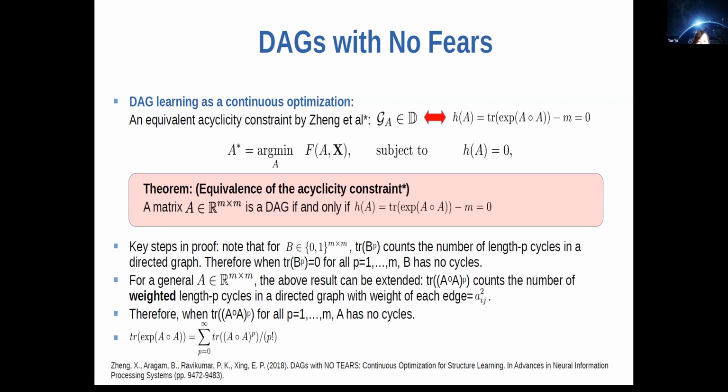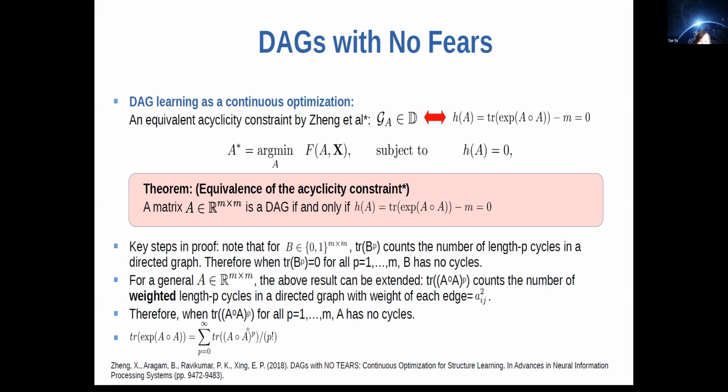So therefore, as long as we can guarantee that each of the powers in this trace is equal to 0, except when p is equal to 0. When p is equal to 0, the trace will be the trace of the identity matrix, because A to the power zero will be the identity matrix.